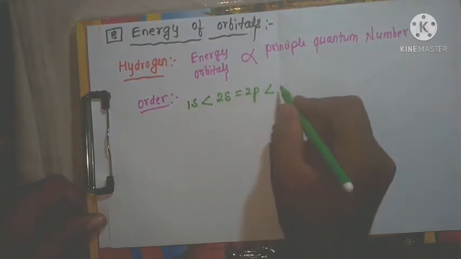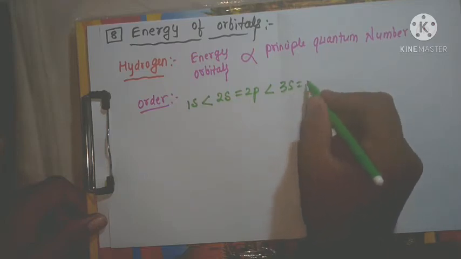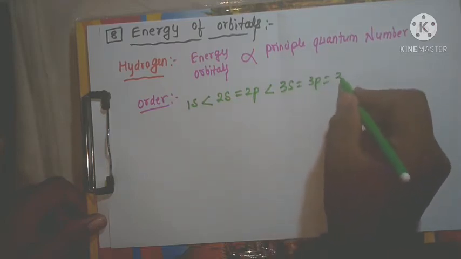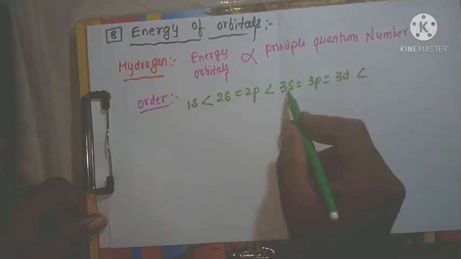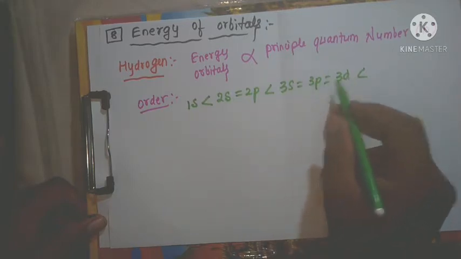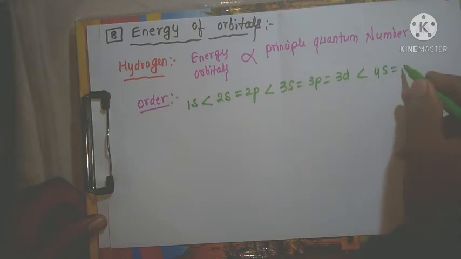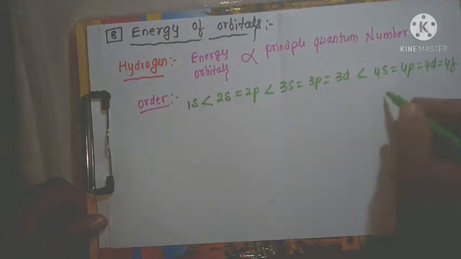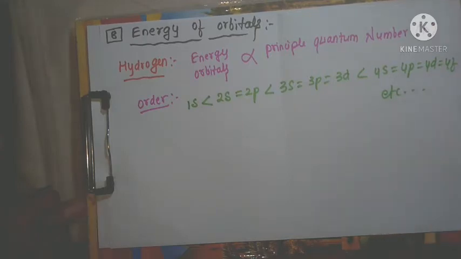These 2s, 2p have lesser energy than 3s, 3p, 3d, and these 3s, 3p, 3d all have the same energy, and it is lesser than 4s equal to 4p equal to 4d equal to 4f, etc. In this way we have to continue.